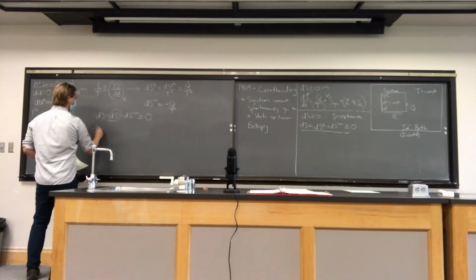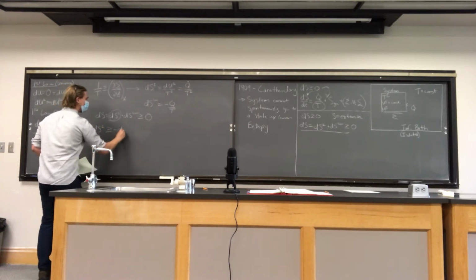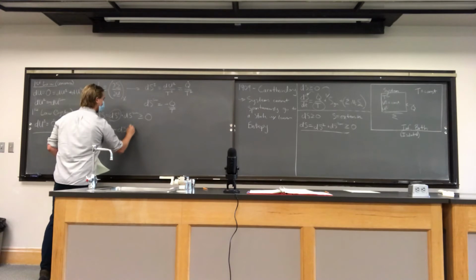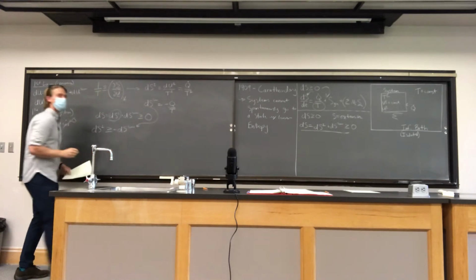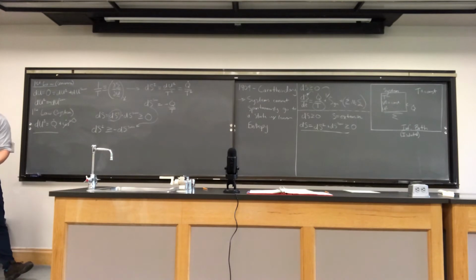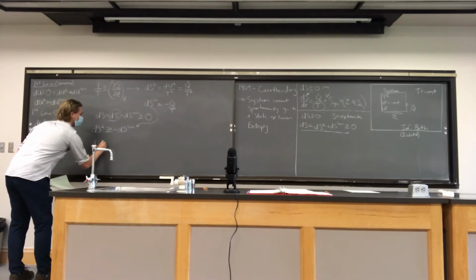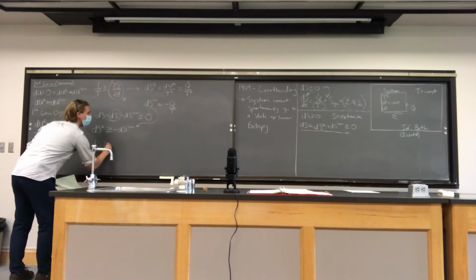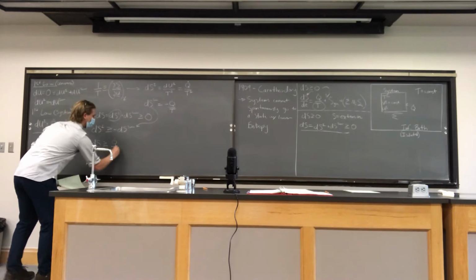So the entropy of the system change is greater than or equal to minus dS surroundings. I substitute in my definition of the temperature, and we see that dS is greater than or equal to Q dot over T.